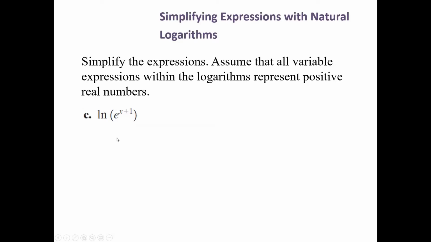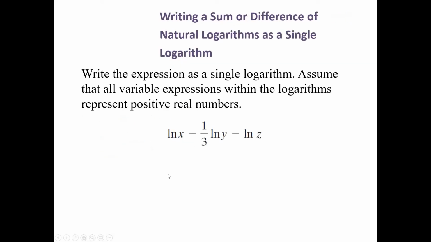Okay, in this case it would be x plus y, because natural log of e is the same thing as log base e of e. So we've taken this x plus 1 out front. The log base e of e is 1, so we get x plus 1.